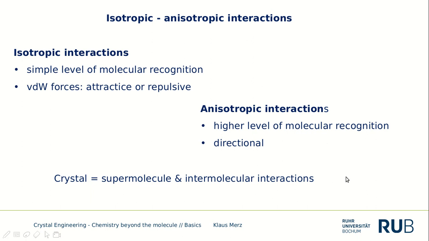And I've shown you examples of anisotropic interaction. This is a higher level of molecular recognition. The main feature of this anisotropic interaction is directionality. Directionality is very important in crystal engineering, looking for intermolecular interaction with a high directionality.